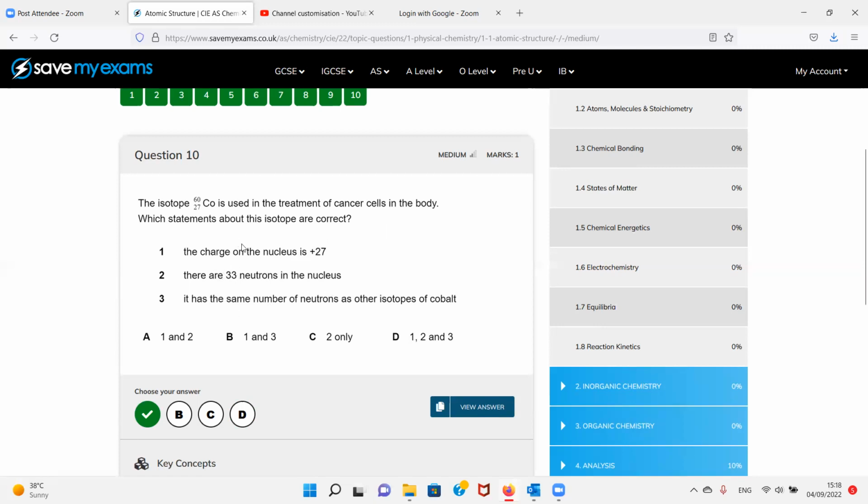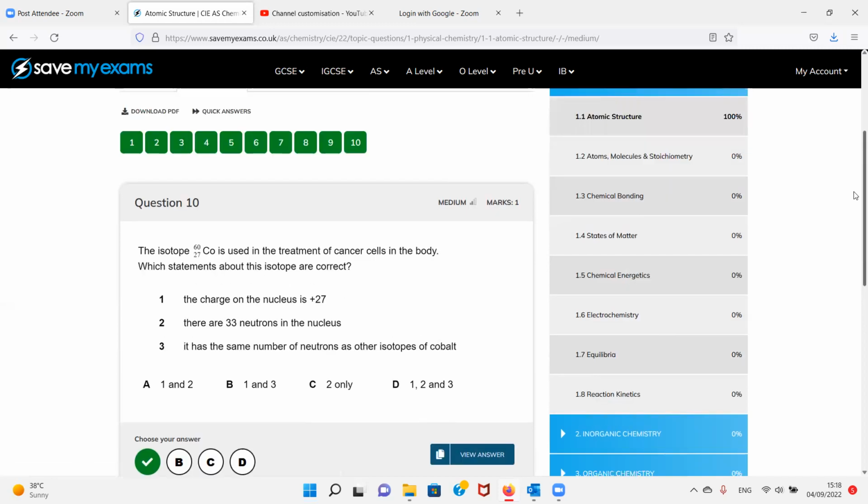This and this are correct, and it has the same number of neutrons as other isotopes. So number 1 and 2 are correct, and it cannot have the same number of neutrons because isotopes, by definition, must have different numbers of neutrons.